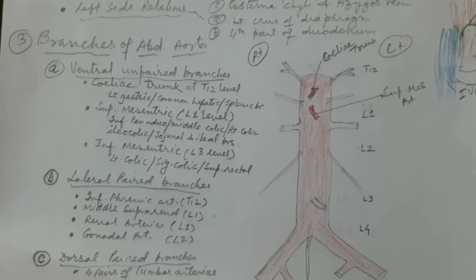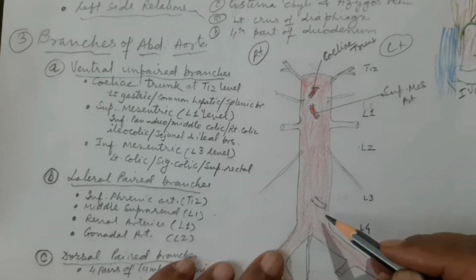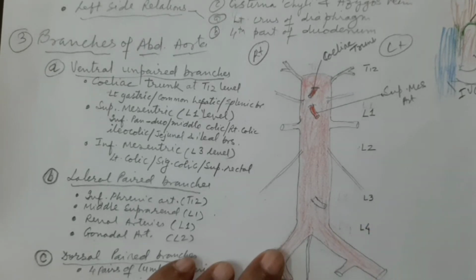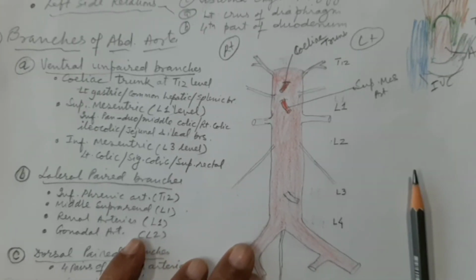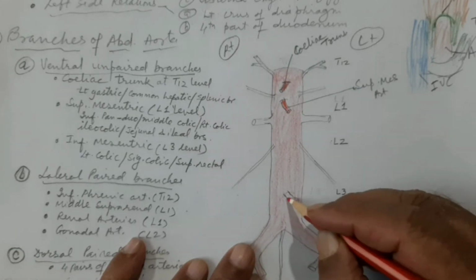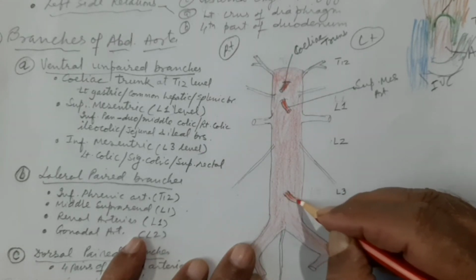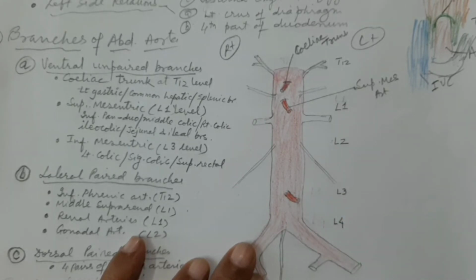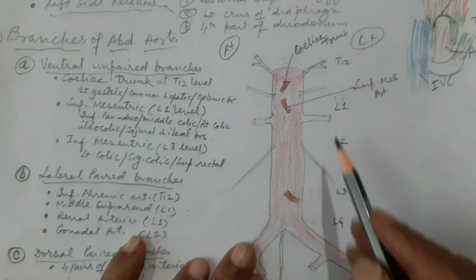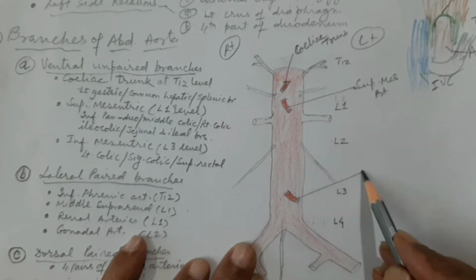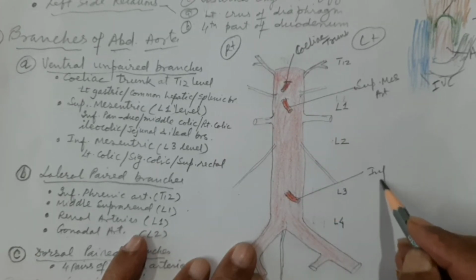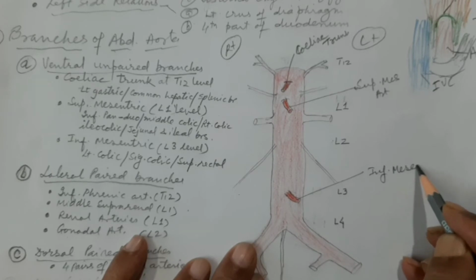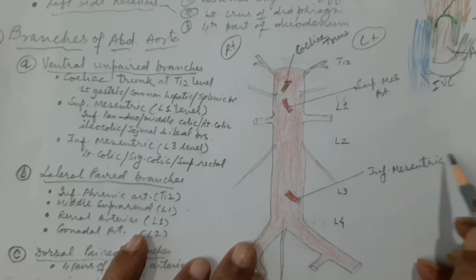Let us come to the third ventral branch, which is also single, and this is known as the inferior mesenteric artery. I am drawing it here and giving it a color. This was superior; now this third one is the inferior mesenteric artery.